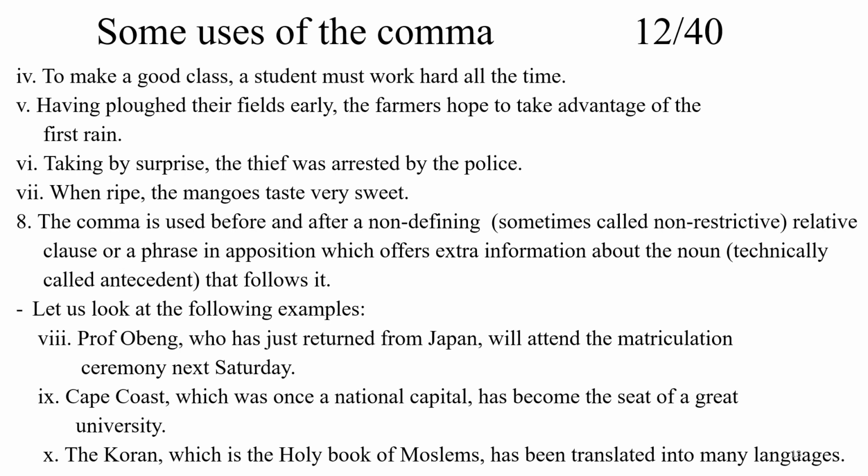Now let's look at a very important point here about the uses of the comma. The eighth use is equally something that I should draw your attention to. It is used before and after a non-defining restrictive clause or a phrase in a position which offers extra information about the noun, technically called antecedent, that follows it.